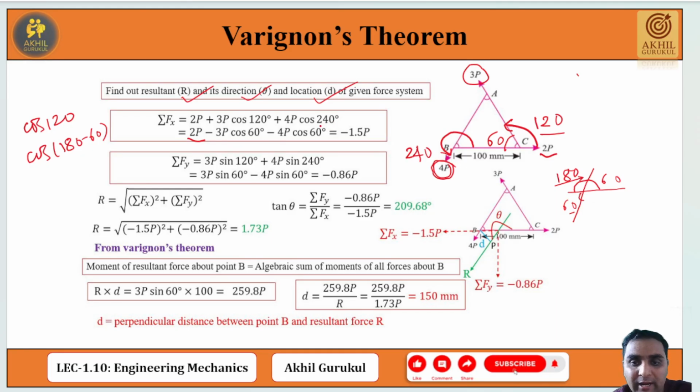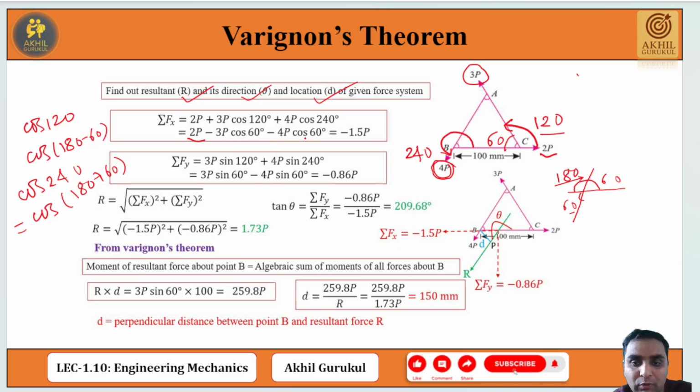Here we can write that cos 240 is equal to cos of 180 plus 60, which equals minus cos 60.